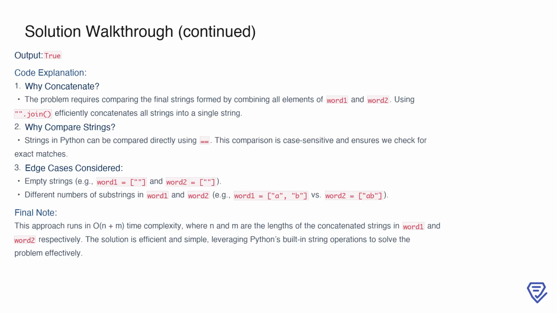Additionally, the solution accounts for various edge cases, such as when the arrays contain empty strings or have different numbers of substrings. The overall time complexity is O(n + m), where n and m are the lengths of the concatenated strings from word1 and word2, respectively. This ensures the solution is both optimal and straightforward, leveraging Python's built-in string operations to solve the problem seamlessly.